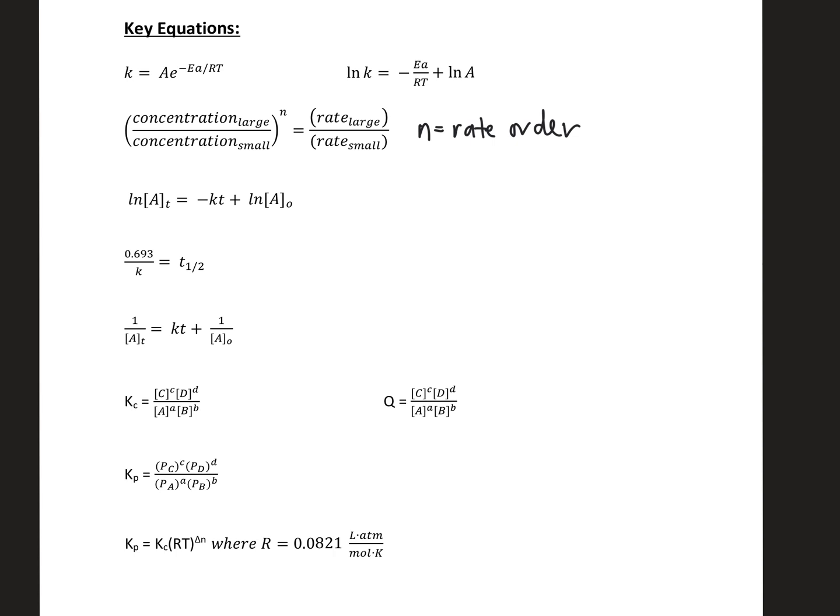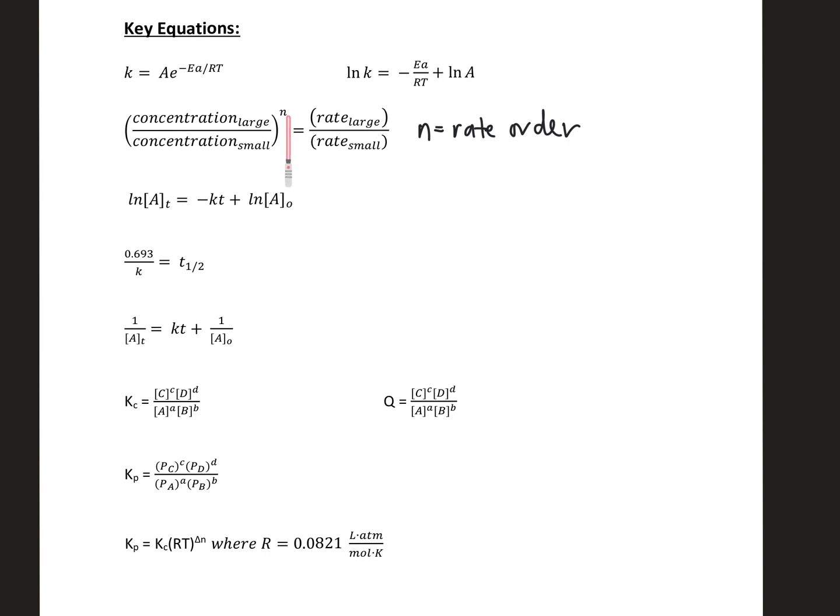And we would use this equation when I give you a data table of multiple experiments. You'd have experiment 1, 2, 3, and you'd have different concentrations, and different rates in each of those experiments. We would have to compare those concentrations and the rates from different experiments to find the rate order of that reaction with respect to each species in the reaction.